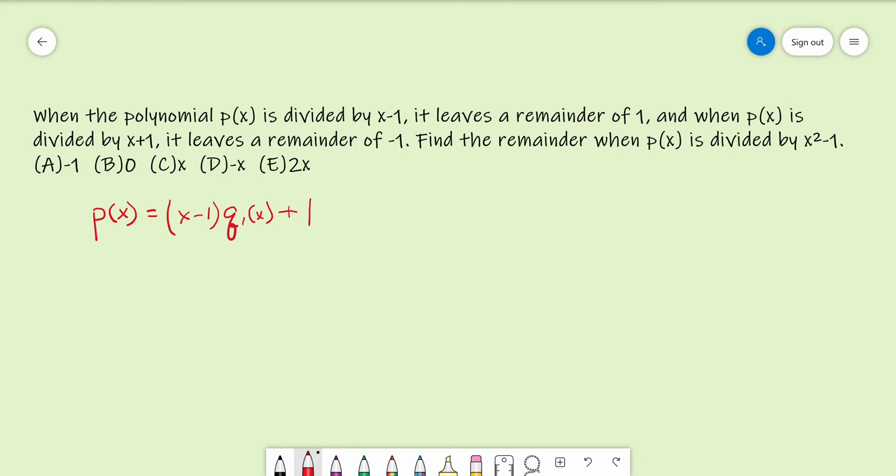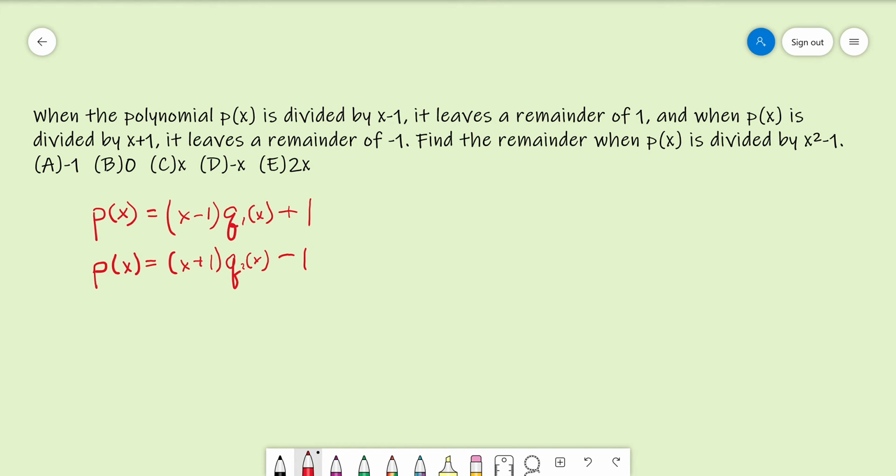That's what that means. And similarly, we can write that p of x is equal to x plus 1 times some polynomial plus a remainder of minus 1.